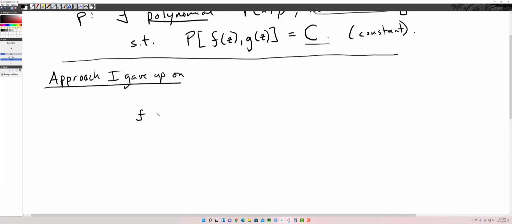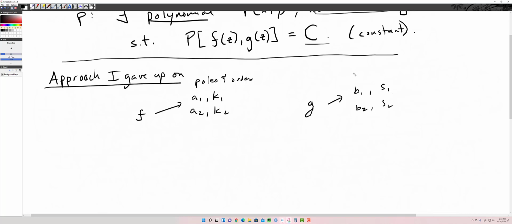So for F, I decided to give a really simple example, where these are the poles of f and their orders. And then G, similarly, B1, B2, with S1 and S2. So these are poles and orders.